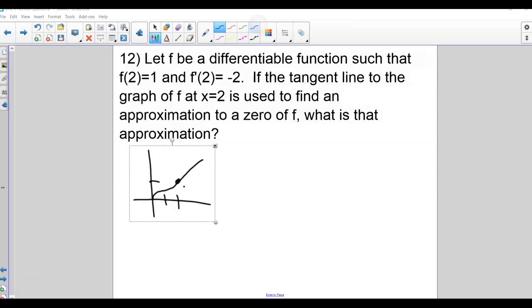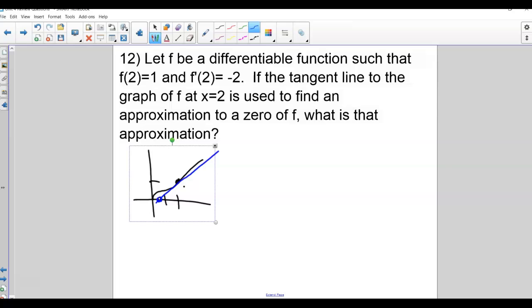We know it's going to pass through that point. So we would draw our tangent line here. And so since we can't actually find our 0 here, what we could do is find the place where the tangent line crossed the x-axis, and that would be our estimate of the 0.